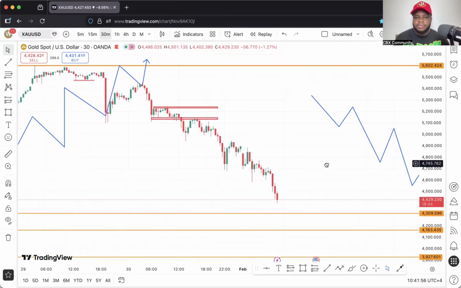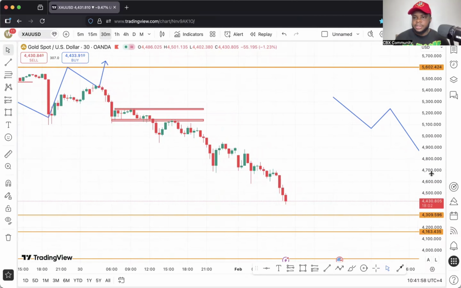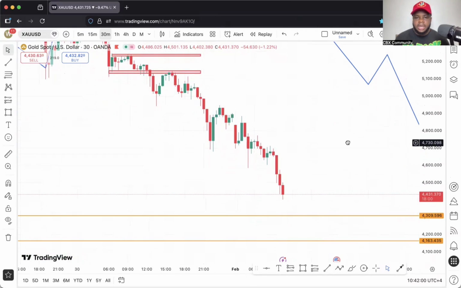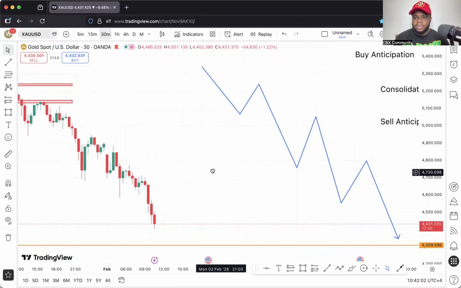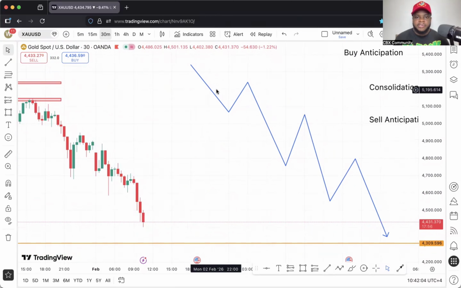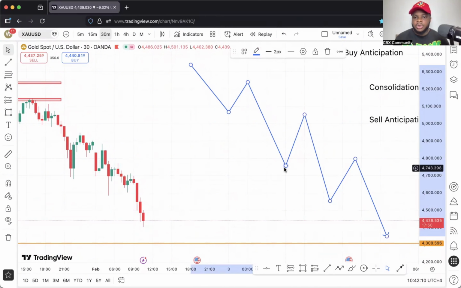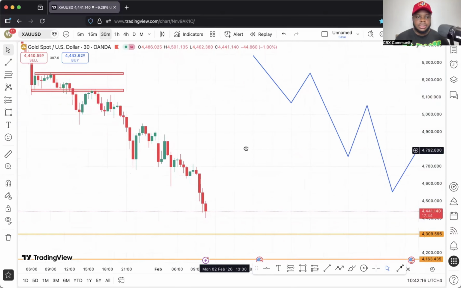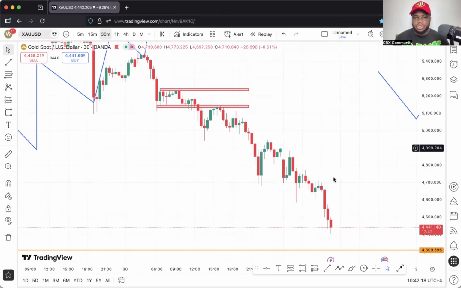We are in a downtrend, just like how I explained to you guys: we have a higher high and a lower high and a lower low, a lower low and a lower high, a lower low and a lower high, continuously. So that's just what the market structure is doing at this moment. So the best thing is just for us to wait.